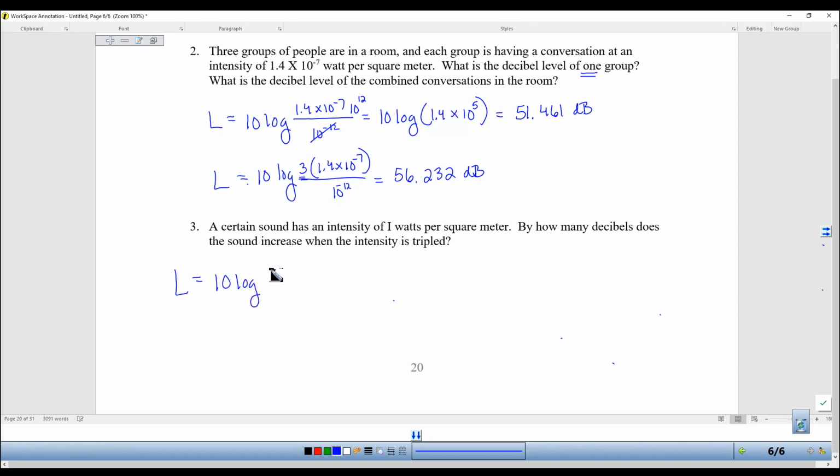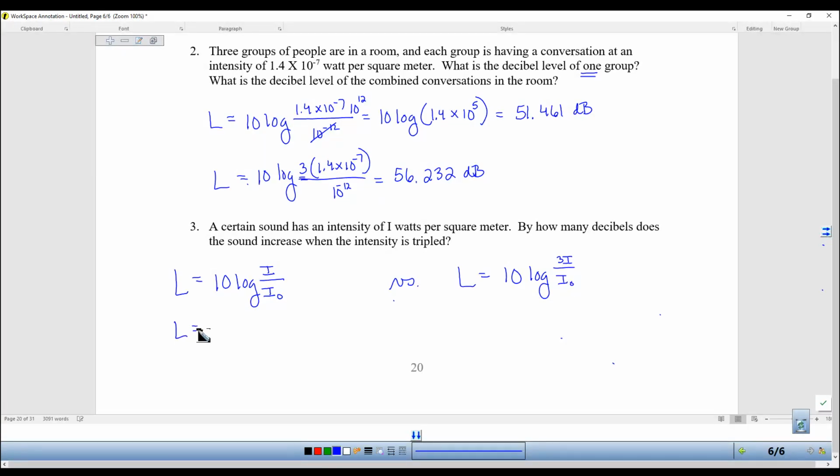10 log of I over I sub 0 versus L is equal to 10 log of 3I, so 3 times the intensity, over I sub 0.